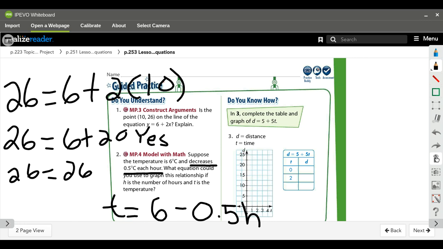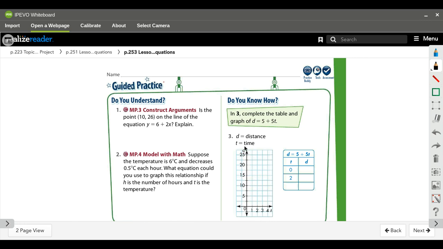All right, number 3, complete the table and graph of d equals 5 plus 5t. So t is my independent variable, d is my dependent variable. So if t is 0, I'm going to do 5 times 0, which is 0, plus 5. So here I get 5, okay?